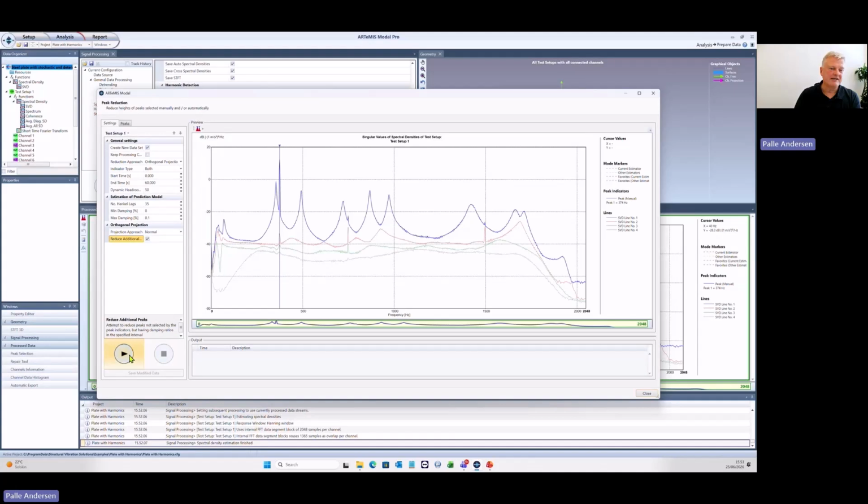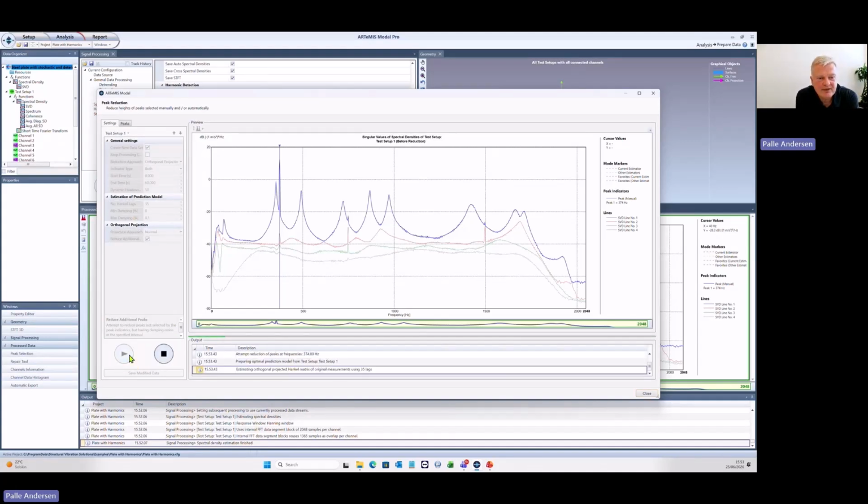So I will simply click the start button here, and now it will estimate a range of state space models, and then it will try to find the model that best describes the harmonic peaks we have in this data.